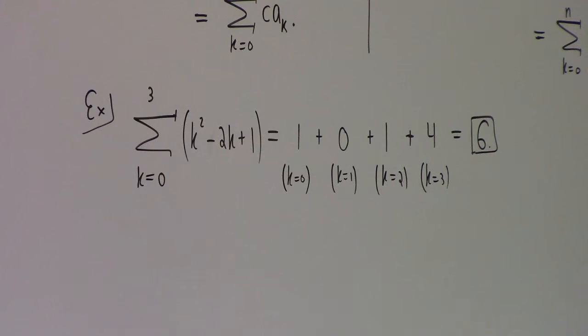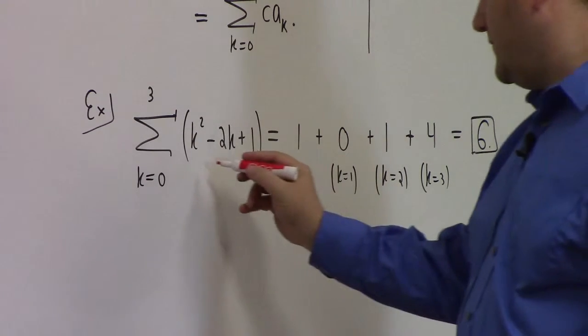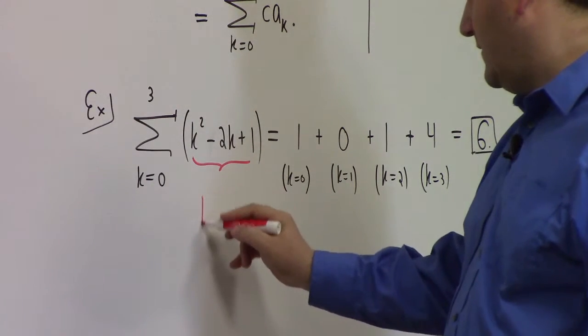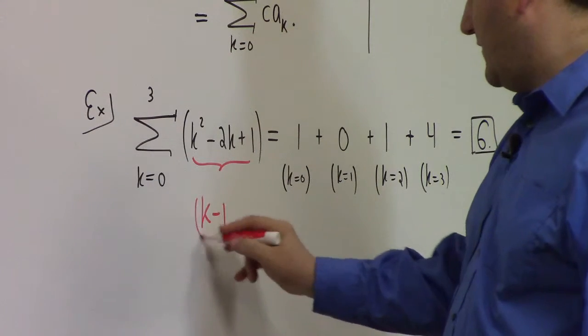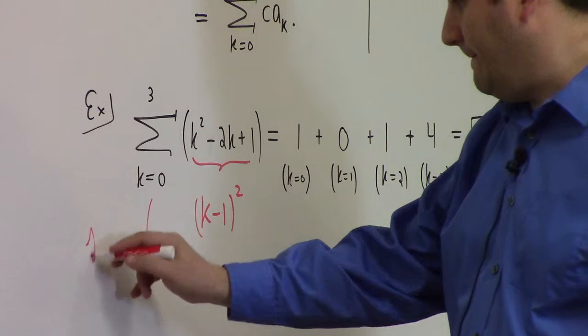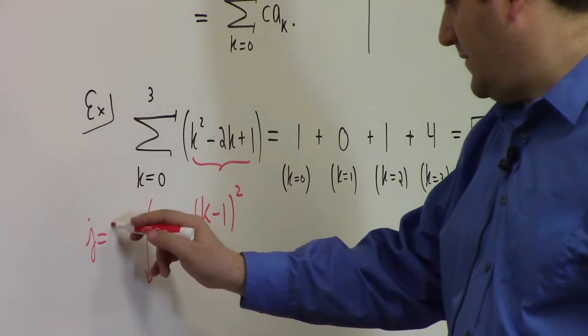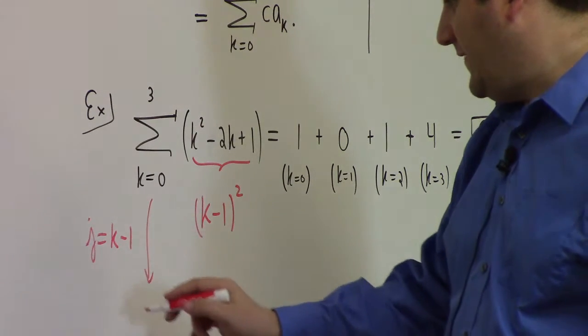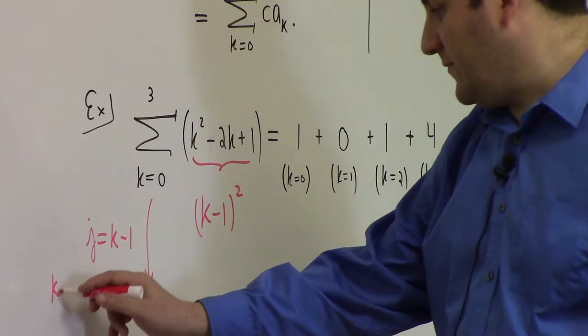One important idea with finite sums is that we can relabel the sums. And sometimes relabeling, a substitution, a new variable, a slight shift from what you're given, can make things a lot easier to think about. In this one, I can look at this and I go, wait a minute, that's k minus 1 quantity squared. So maybe I should say j equals k minus 1. If I do that, k equals 0 gives me what?